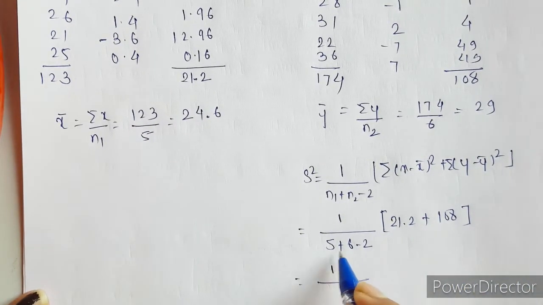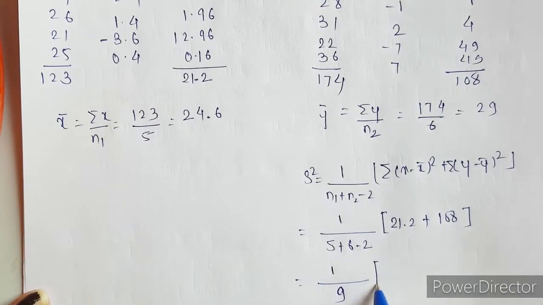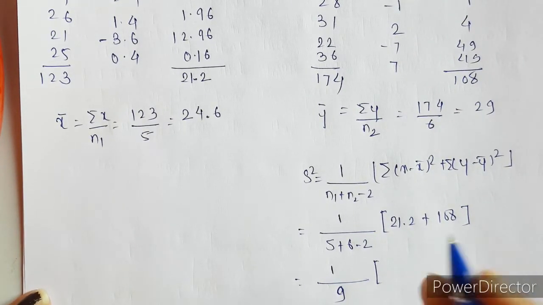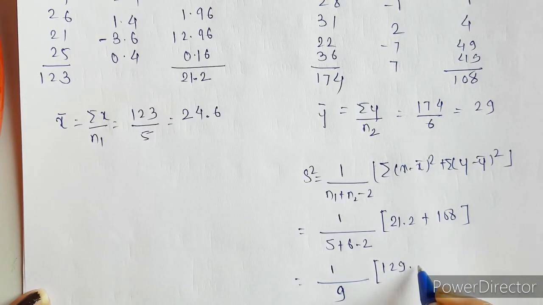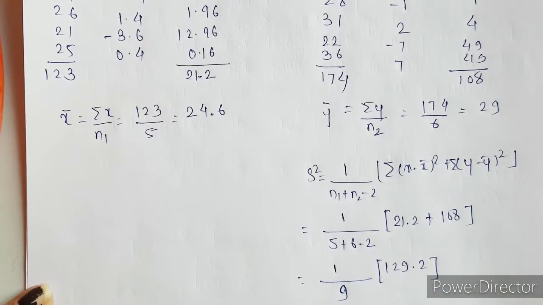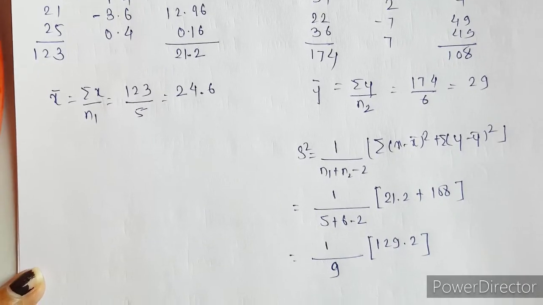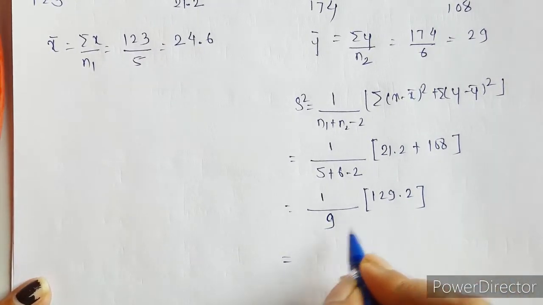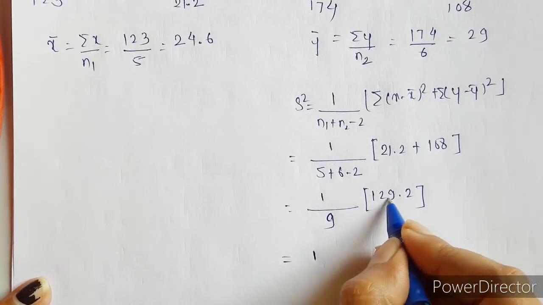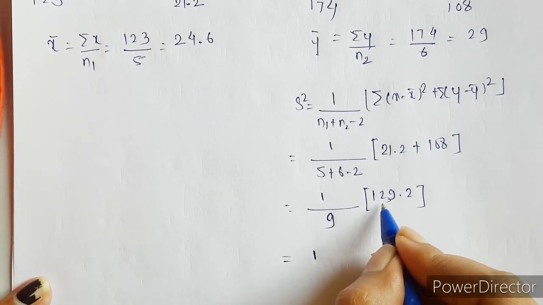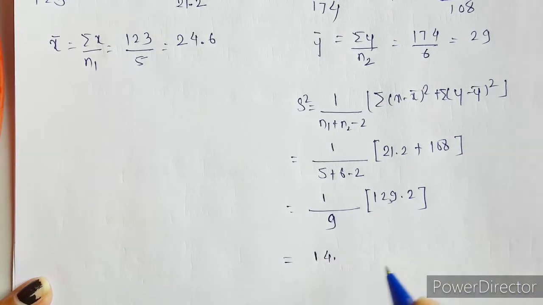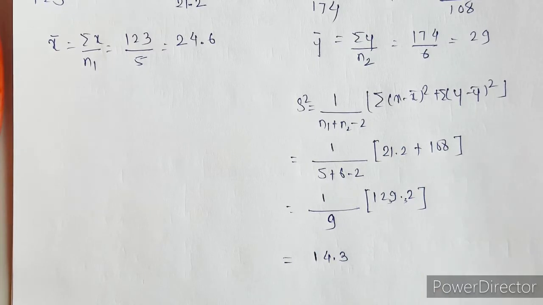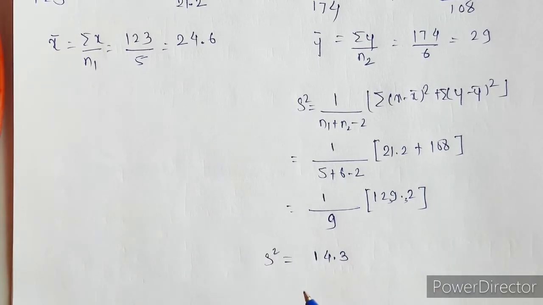The sum is 129.2. Now we have to divide this by 9, which gives 14.3. So our s square is 14.3.